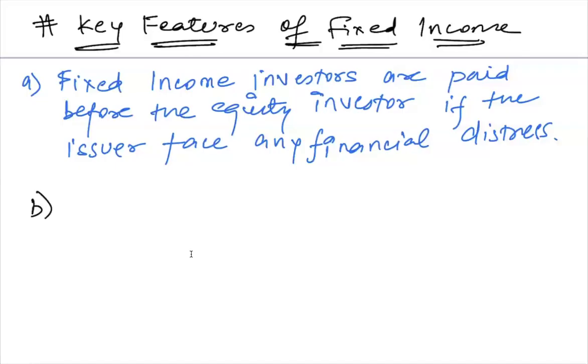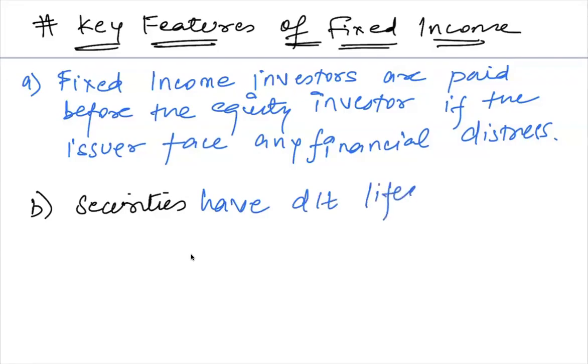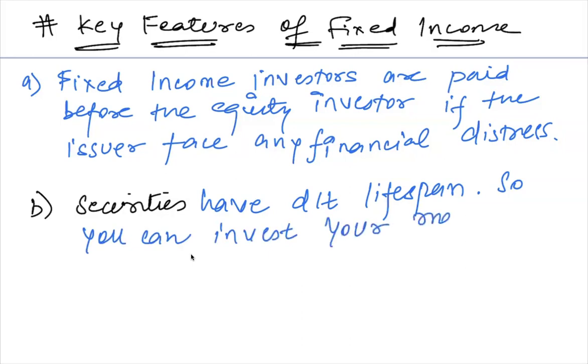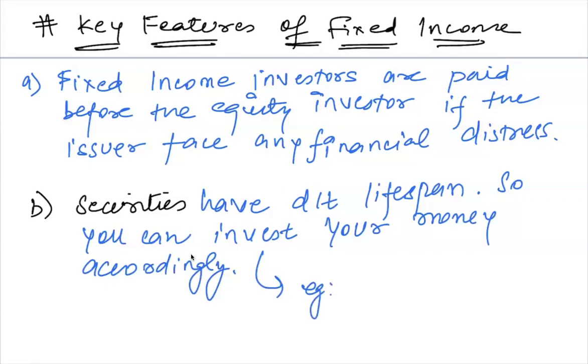Second is, securities have different lifespans, so you can invest accordingly as per what you are looking for. Some might think, okay, I just want to invest the money for 1 year, right? Whereas some might think that I can invest the money for 5 years or 10 years.